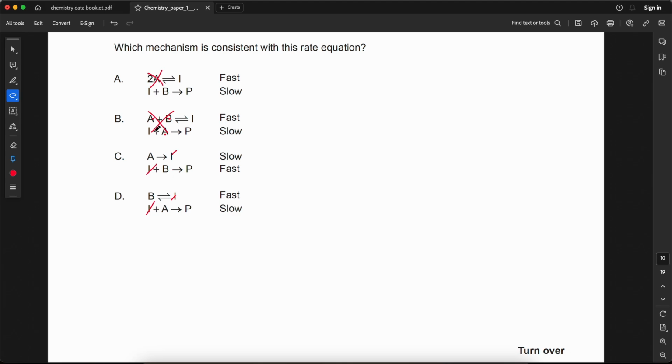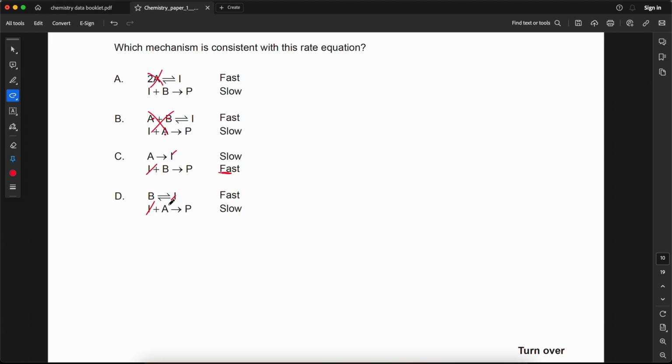But what's the difference between C and D? For C, the formation of I as an intermediate from reactant A and the subsequent reaction of the intermediate with reactant B in the fast step. It means that only reactant A will affect the reaction rate, not B because it's fast.